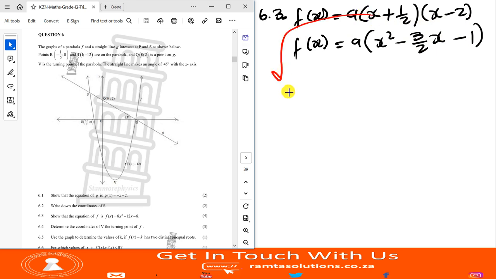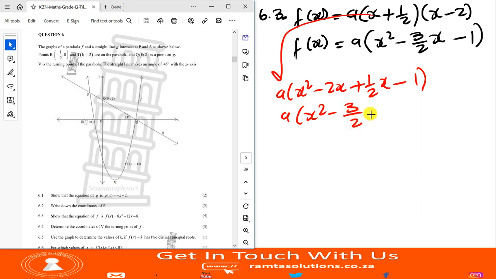So this is a into x squared minus 2x plus half x minus 1. This guy here will be x squared minus 3 over 2x minus 1. Okay, FOIL method.